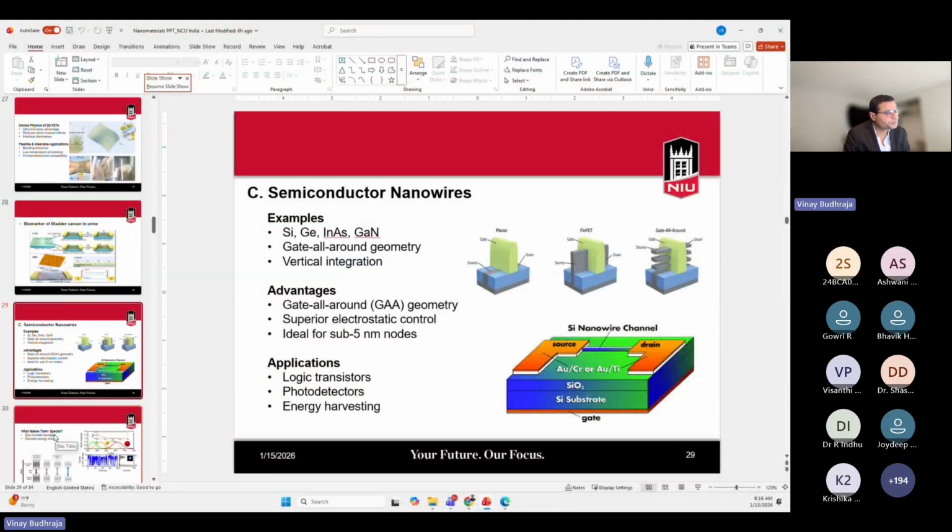Next type of materials in the nanomaterial platform are semiconductor nanowires. And this is more commercial than the earlier carbon nanotubes and the graphene-based FETs. The reason is that they use commercial base materials such as silicon, germanium, indium arsenide, and gallium nitride, which have been dominant for more than 100 years.